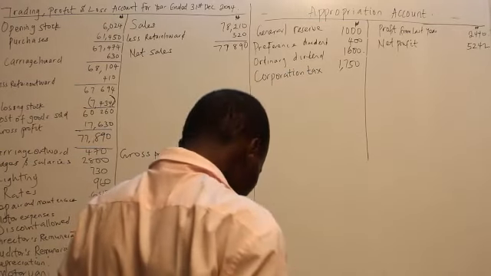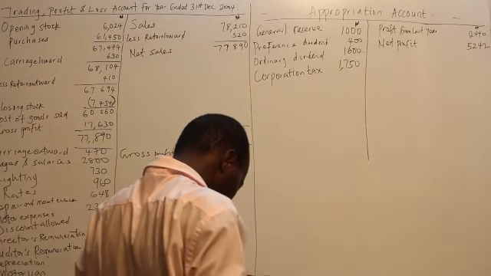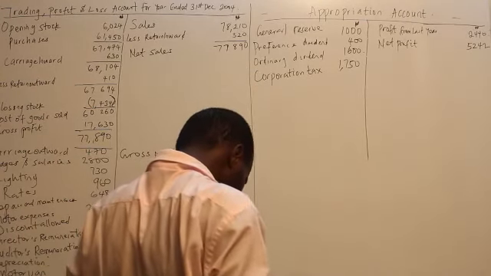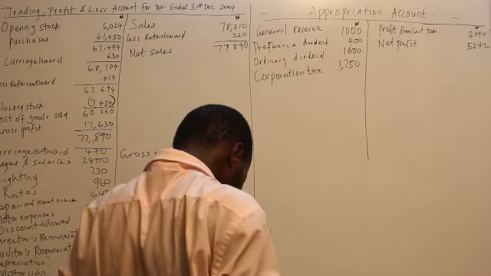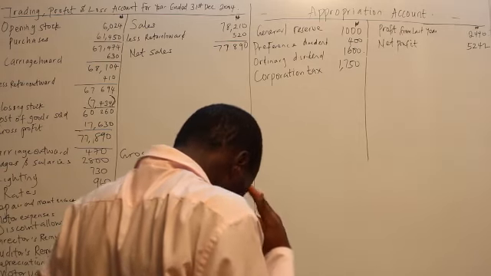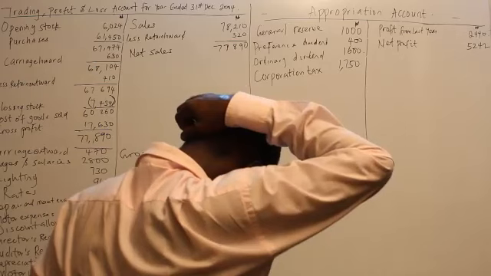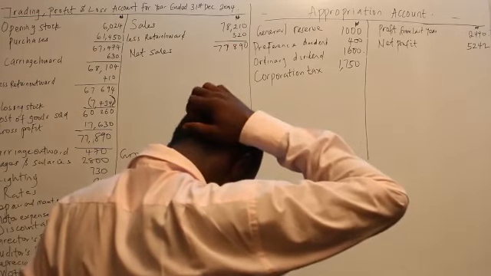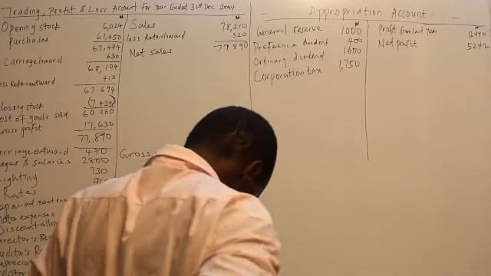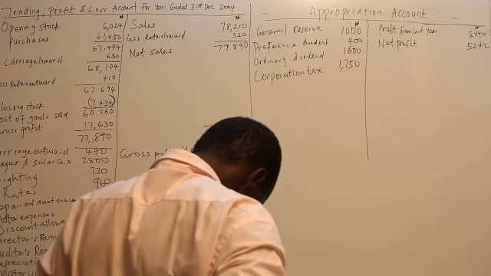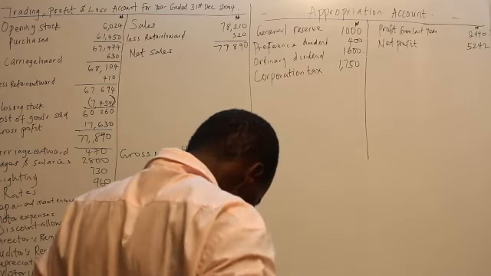So what other information do we have? Most of the expenses have been used. Discount allowed, used. Share premium, has been used. Transfer has been used.